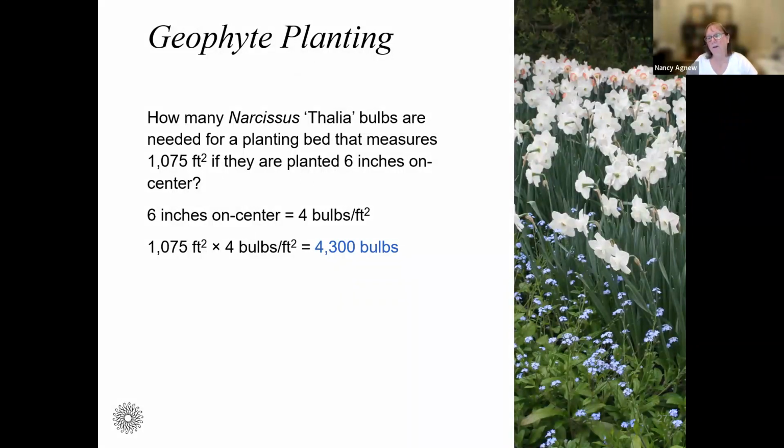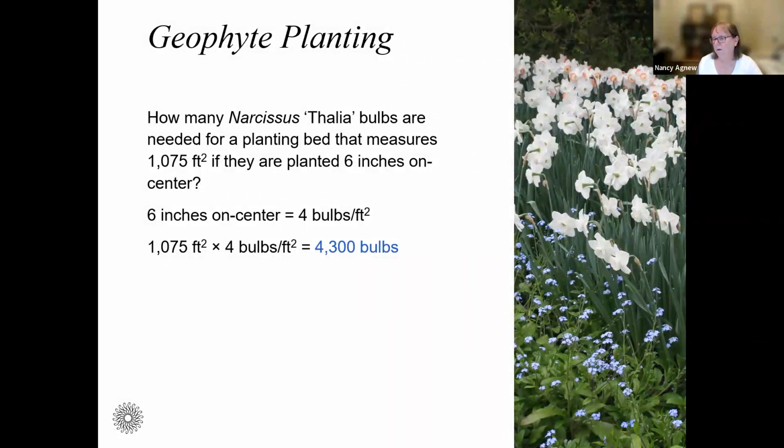You still can calculate overages if you know that there might be some errors in planting. You would hope that every bulb you buy is viable. But if, let's say, your supplier says it's a bit of a bad year for bulbs, you may want to do a small overage for that. But in this case, if they're good quality bulbs and you feel confident, then you're just talking overages for planting issues.